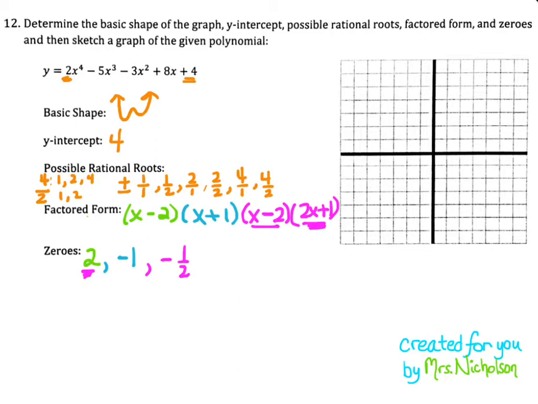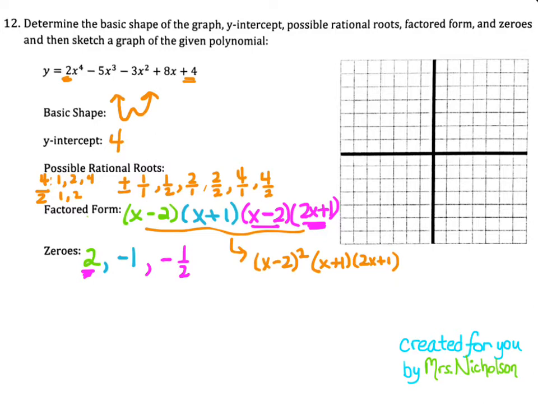Now notice I've got x minus 2 as a factor listed twice, and you could certainly rewrite this whole thing as x minus 2 squared, indicating that double root, times x plus 1 times 2x plus 1. Either factored form is correct, as long as we realize that that 2 is going to be a double root in our graph. So now we're ready to sketch a graph.